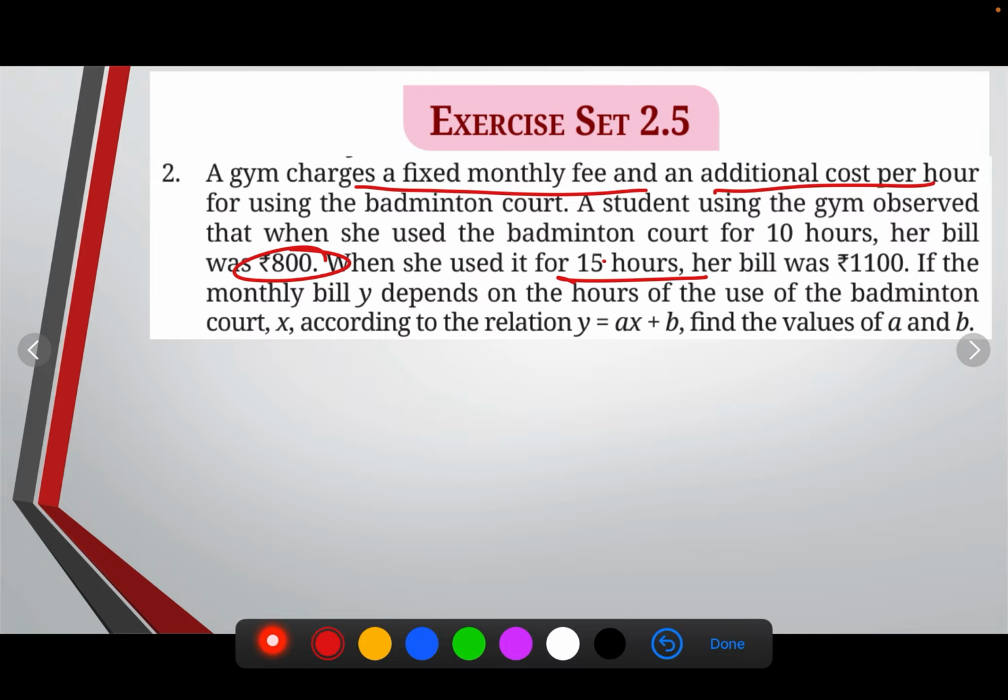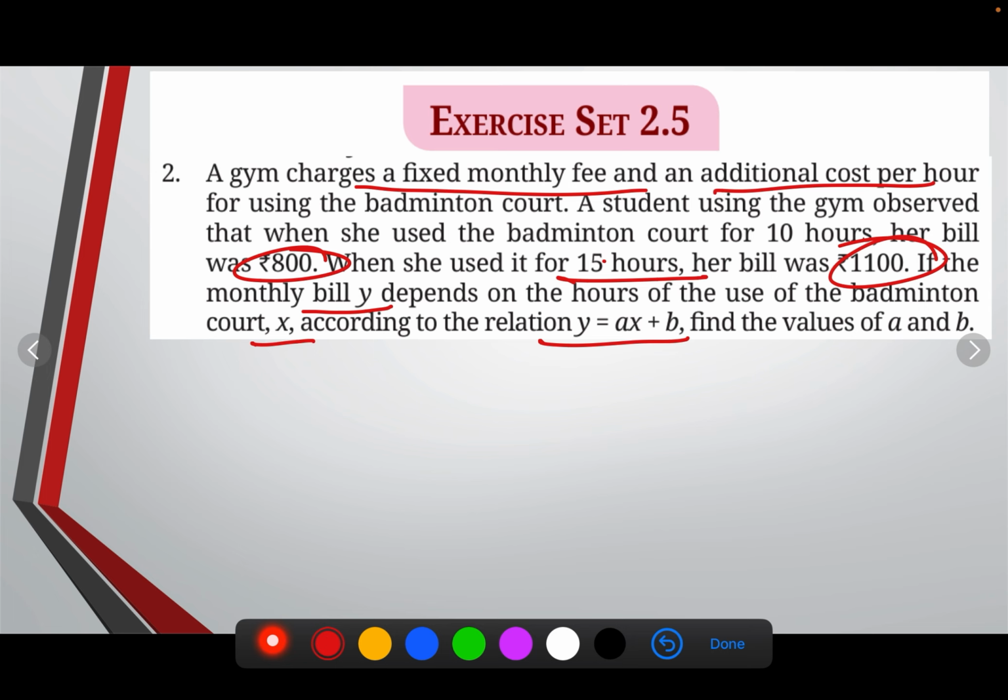When she used it for 15 hours, the bill turns out to be 1100. If the monthly bill y depends on the hours of use of the badminton court x, according to the relation y equal to Ax plus B, find the value of A and B.